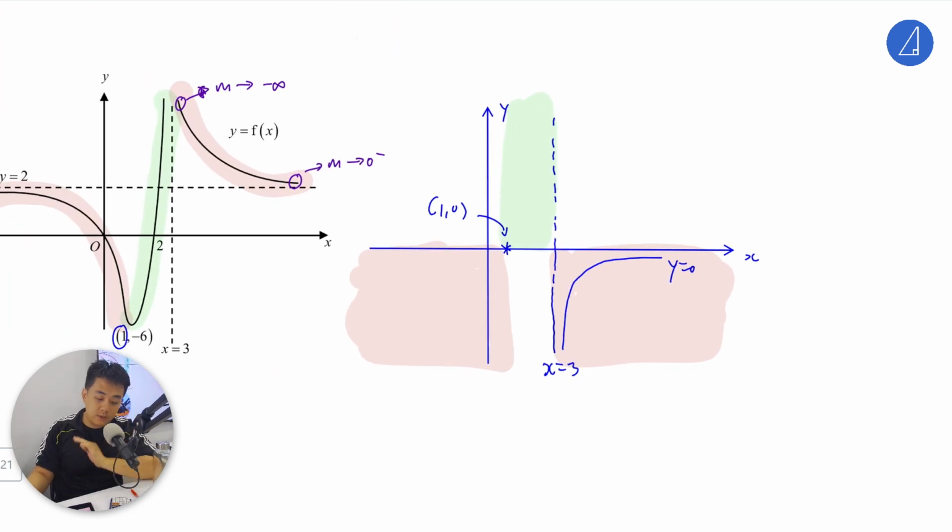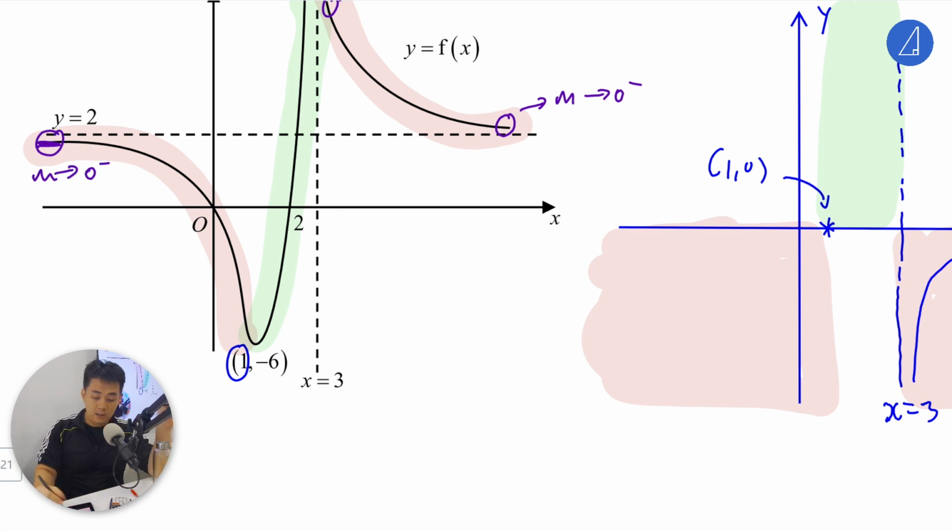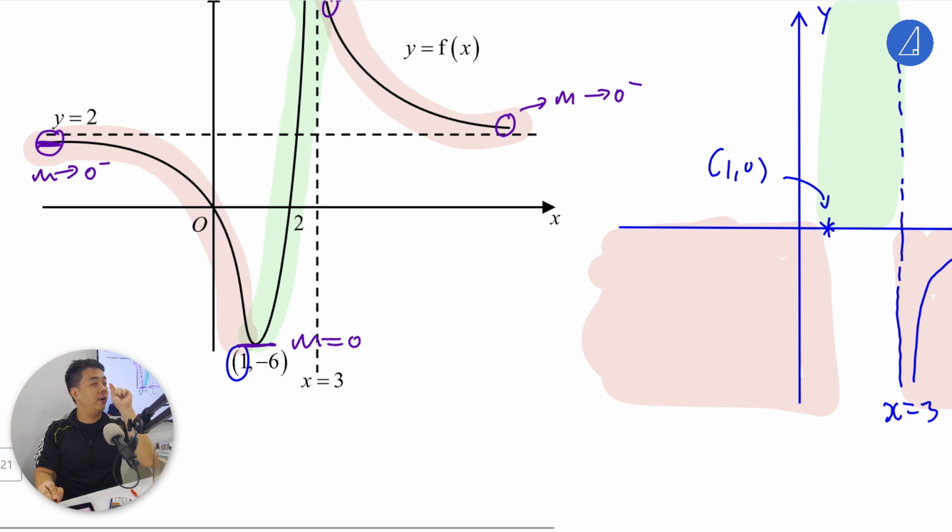Next part, this one I want to explain a bit. This one here is approaching 0 from negative. This guy here is exactly 0, on the dot. So essentially, approach 0, hit 0.